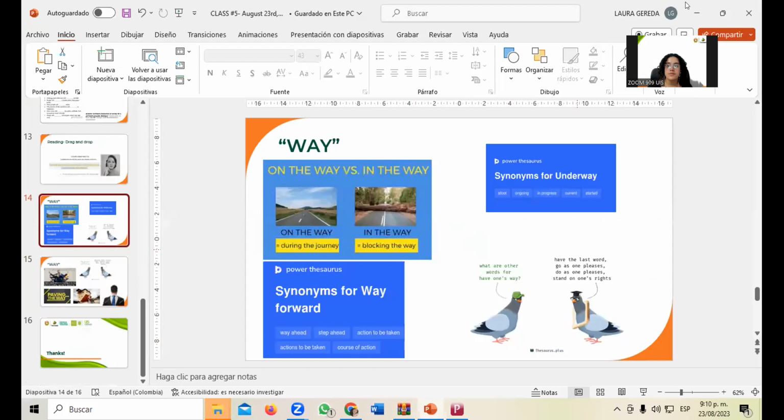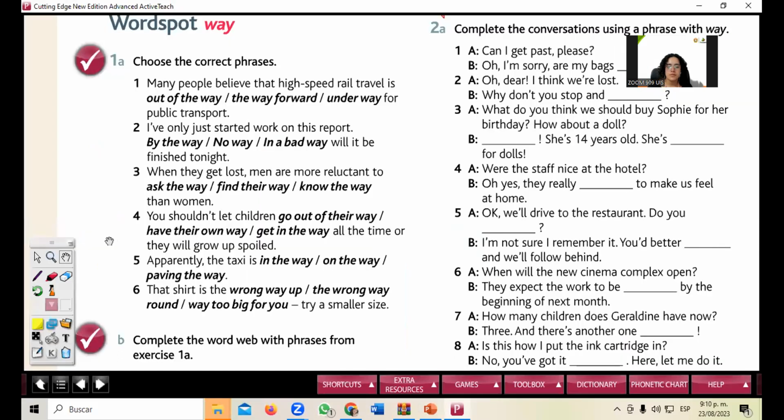Sorry, teacher. Many people believe that high-speed rail travel is the way forward for public transport. Yeah, the way forward for public transport. Okay. Vanessa, the second one, please.